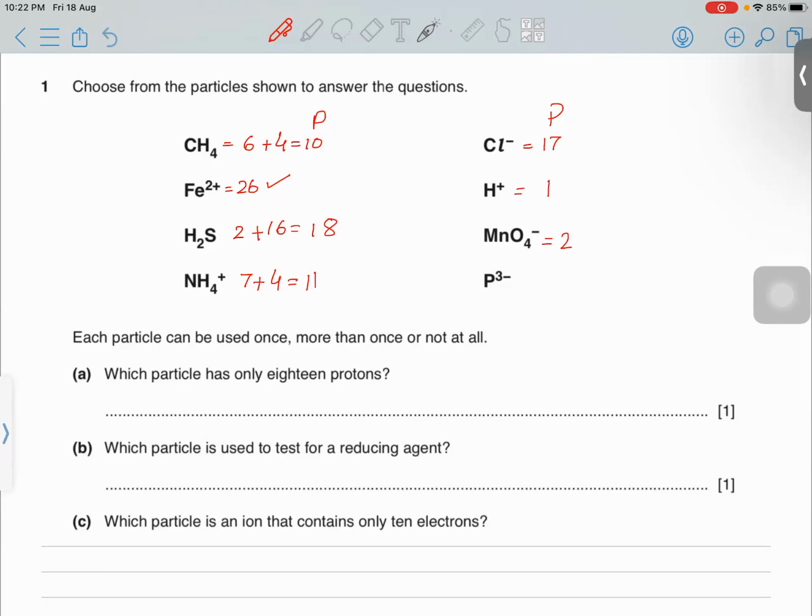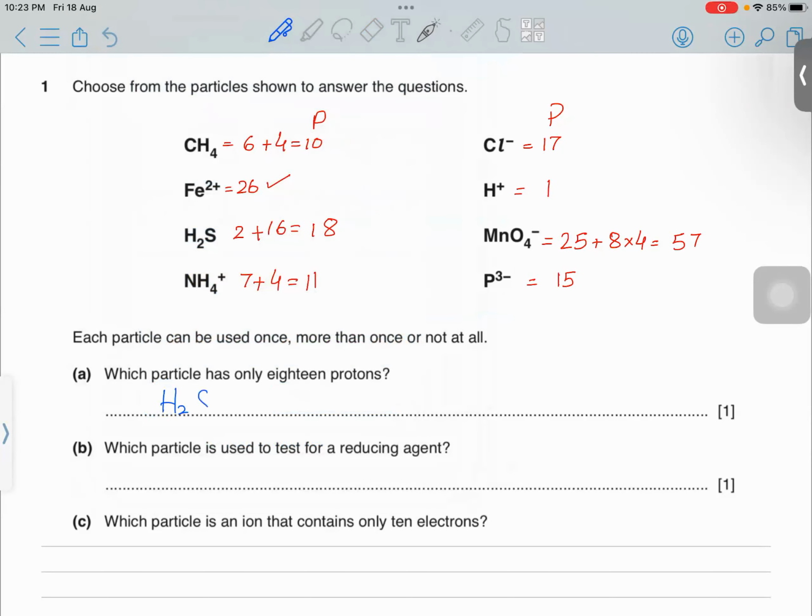It's 25. And oxygen is 8 times 4, which is 32. So 32 plus 25 is 57. And what about phosphorus? 15. Plus 3 or only 15? Only 15. So which one has 18 protons? H2S.